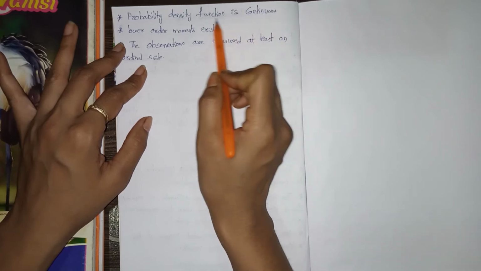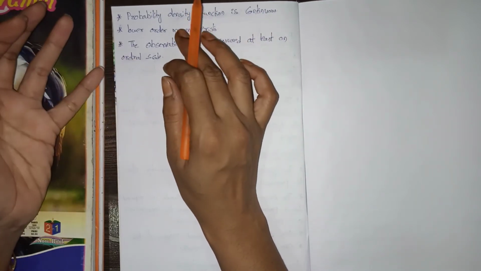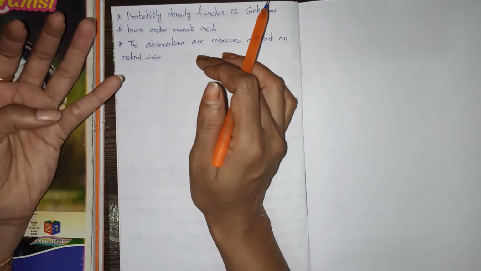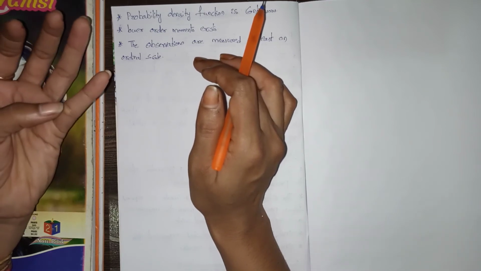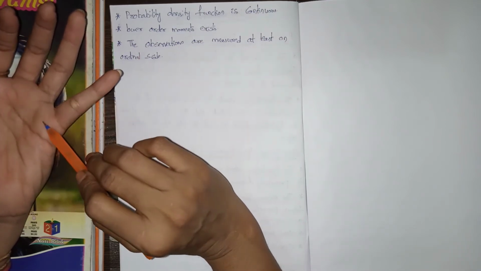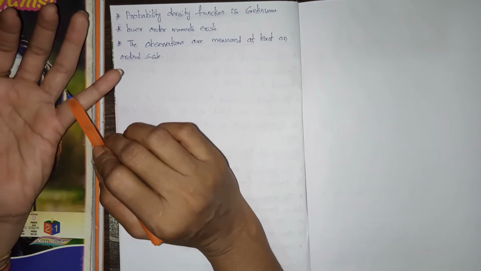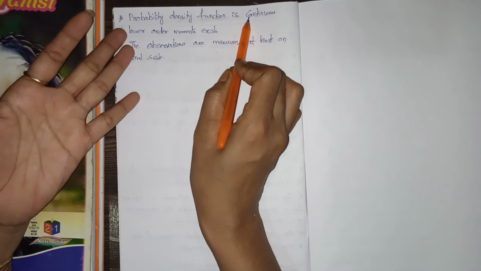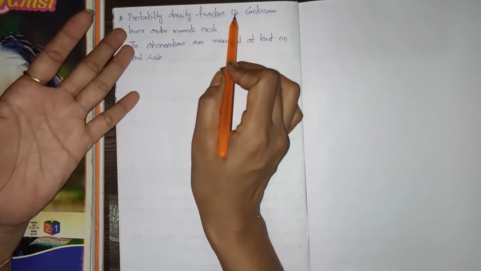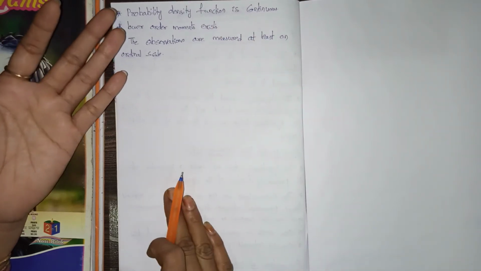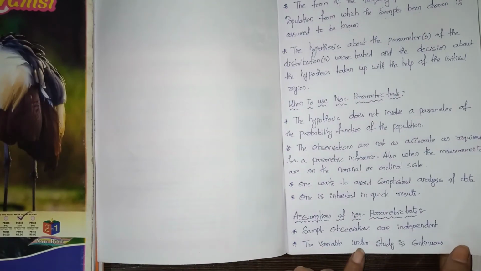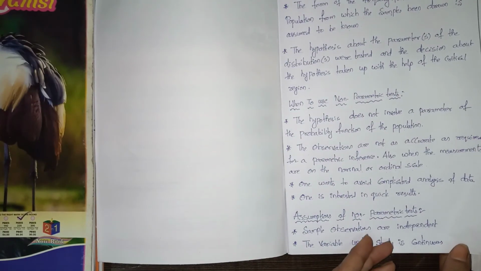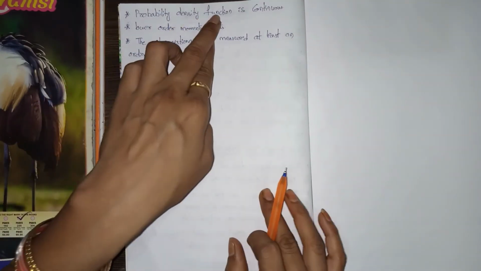Probability functions are of two types: probability density function and probability mass function. The mass function is used for discrete series, and the density function is used for continuous series. Why do we use this continuous function? Because in the second point, the variables under study are continuous. So that's why we use the probability density function here.